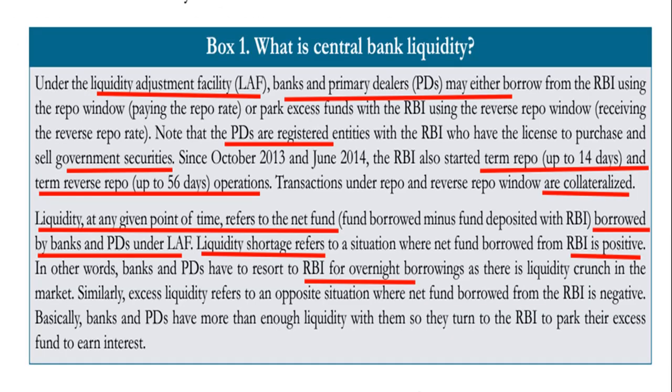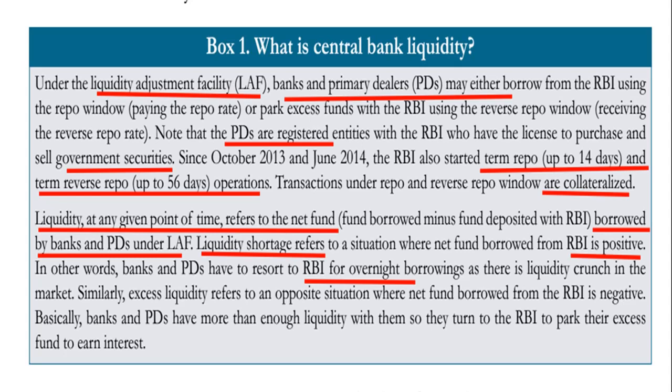One more fact I want to discuss with you, friends, is that since October 2013 and June 2014, RBI also started term repo, which has a time limit of 14 days, and they have also started a term reverse repo which has a time limit of 56 operational days.